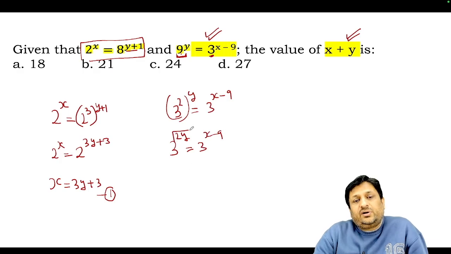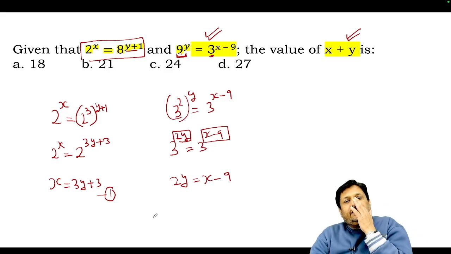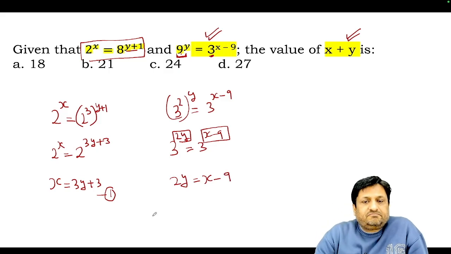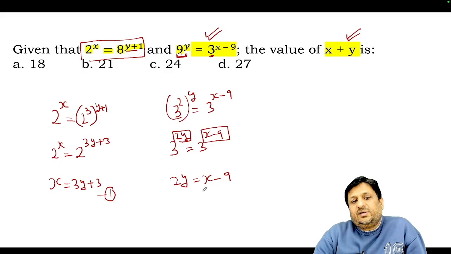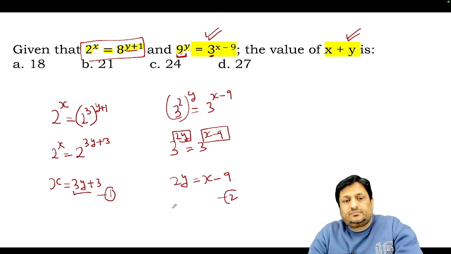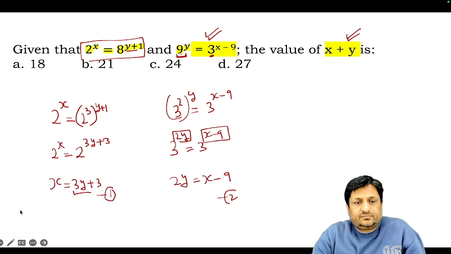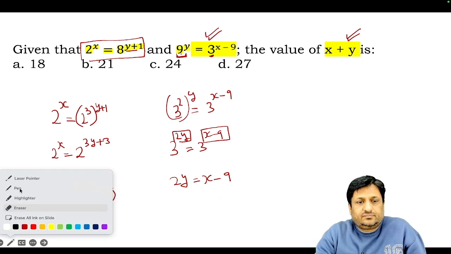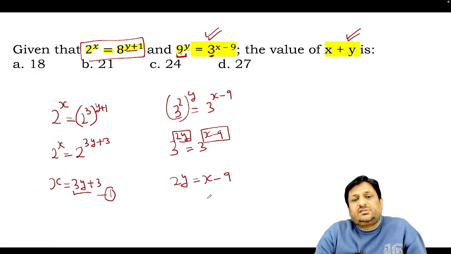Of course, you can equate the powers because base is same. So 2y will become x minus 9. I need to find the value of x plus y. Okay, let's see. From here, I can deduce that x is equal to 2y plus 9. Let's say this is equation number 2.